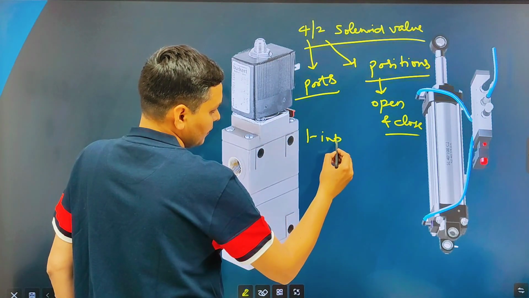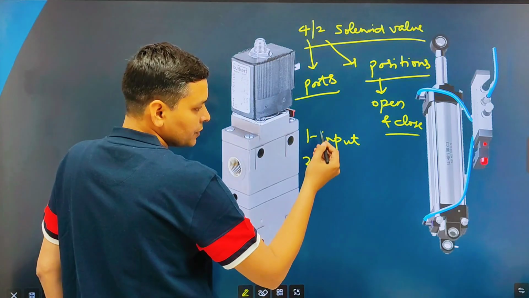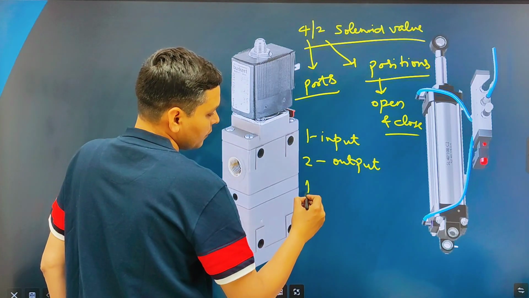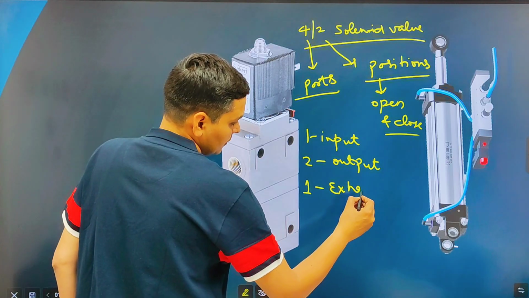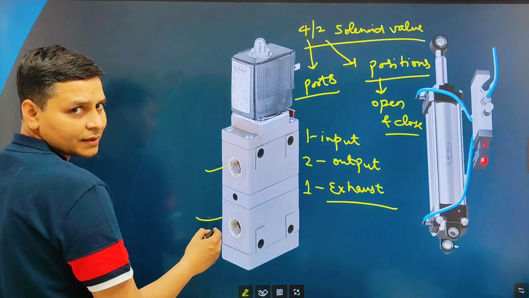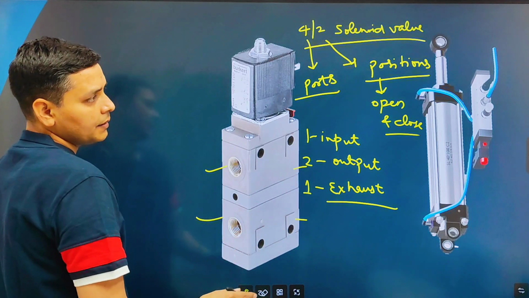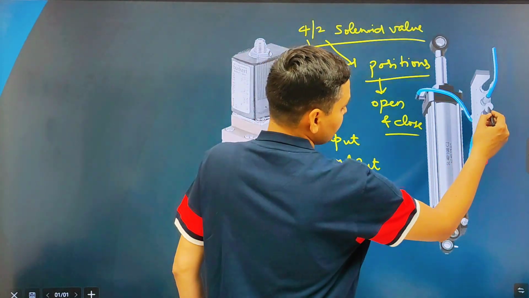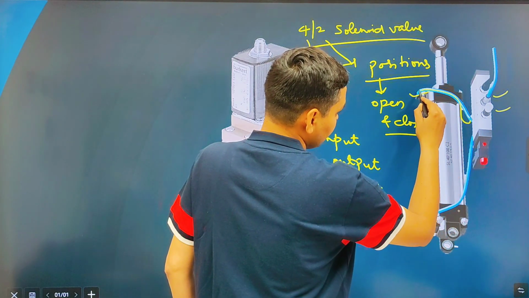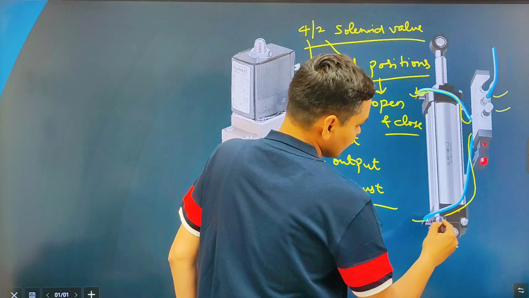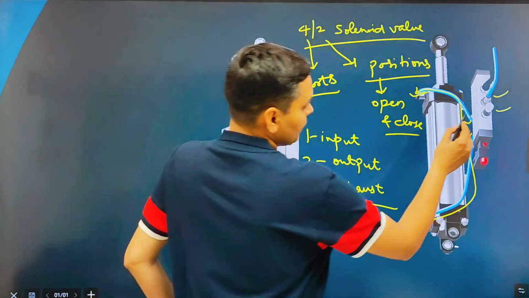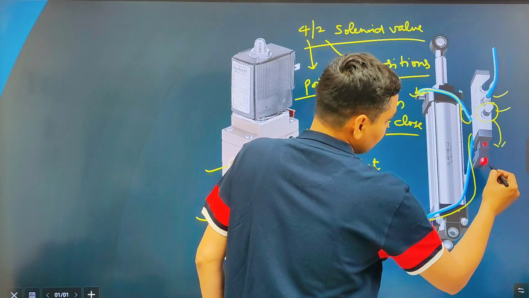One is input, 2 ports are for output and 1 port for exhaust. You can see here 1, 2, 3 and 4. One port is connecting here and the other port is connecting here. So 4 ports are there. One port is for exhaust. This one is for exhaust.